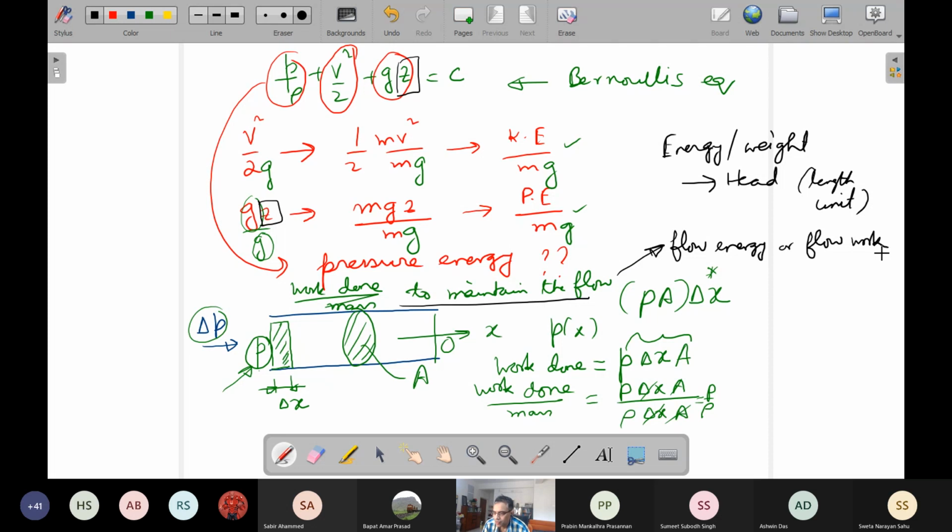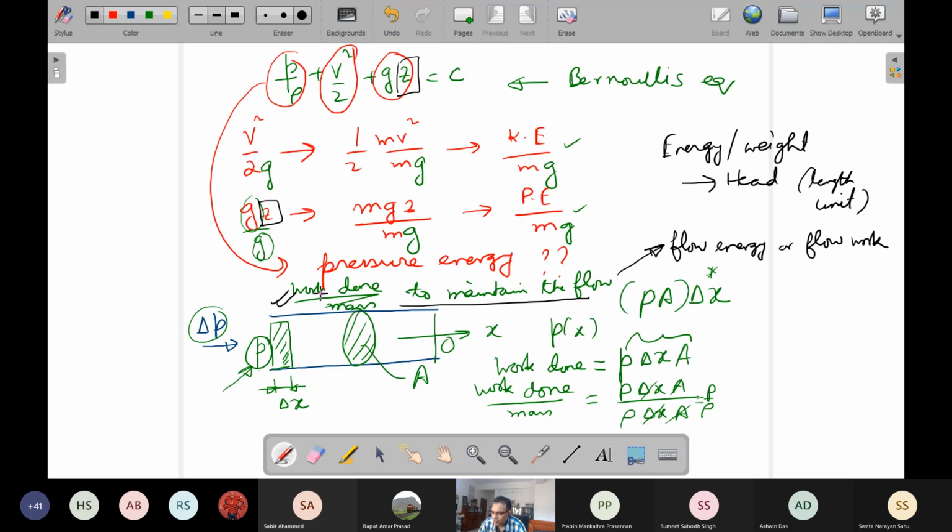Although I have no real objection if you call it pressure energy or whatever you want, provided you understand this physically. That is more important than just the terminology. So this is representative of energy that is there to maintain the flow in presence of pressure.